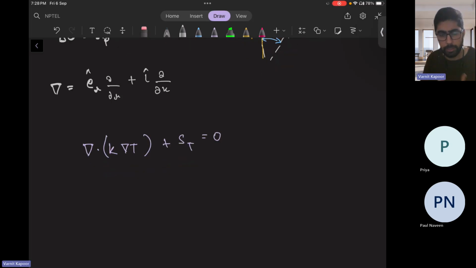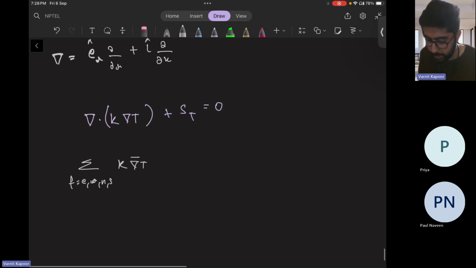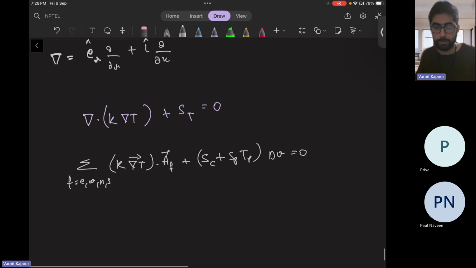After integrating and applying the Gauss divergence, you will get the summation over the faces: east, west, north, south, of gamma grad phi dot A, plus the linear assumption SC plus SP TP into del V equal to 0.